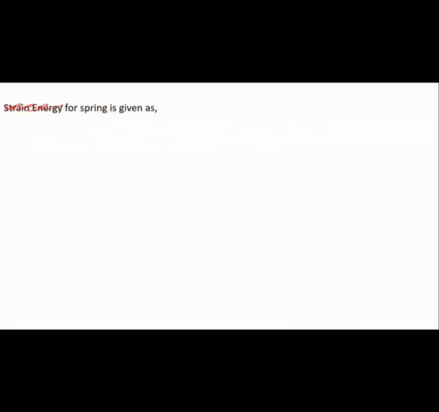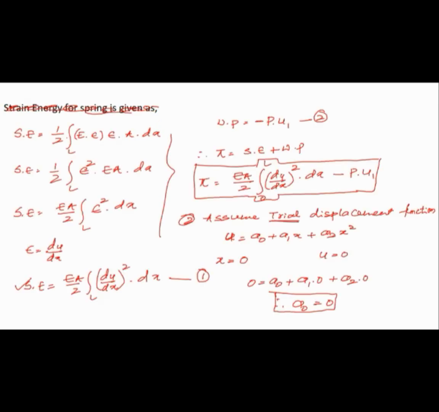Similarly, I have to go with the second boundary condition. What is my second boundary condition? When x is equal to L, U is equal to U1. Therefore, in this displacement function, wherever U is there, I have to replace it with U1, and wherever x is there, I need to replace it with L. So U is replaced with U1.